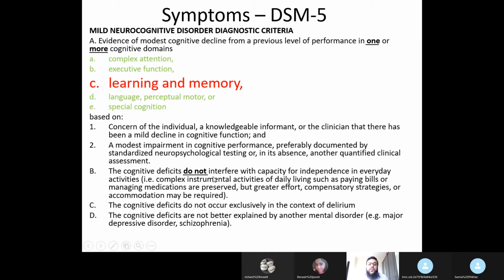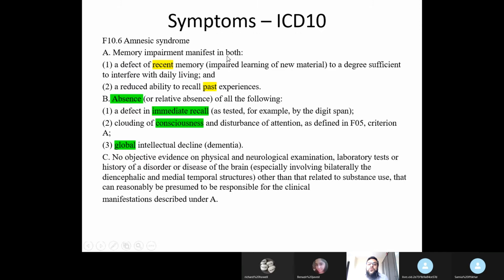And here they say that the cognitive deficits do not interfere too much with the capacity of independence in everyday living.